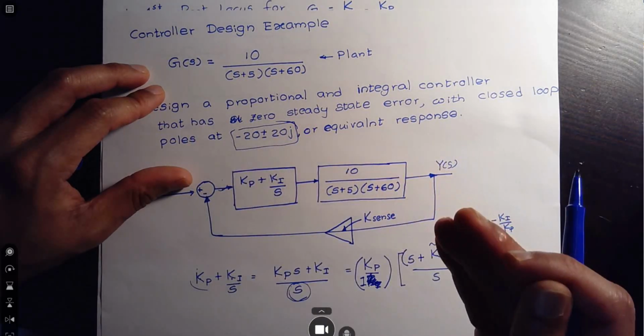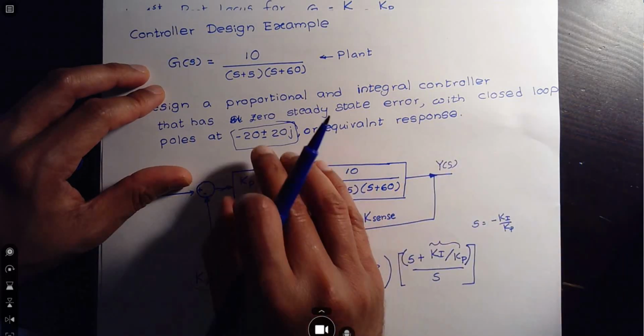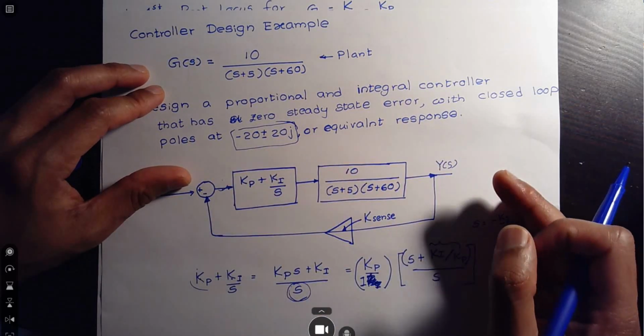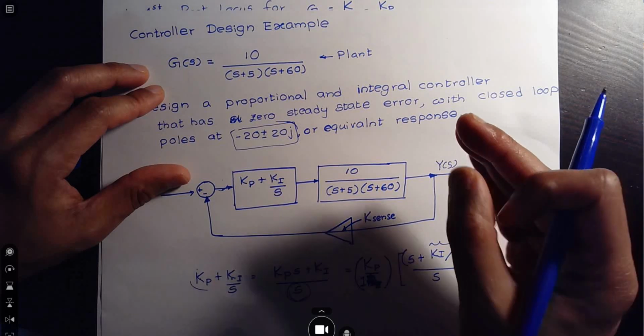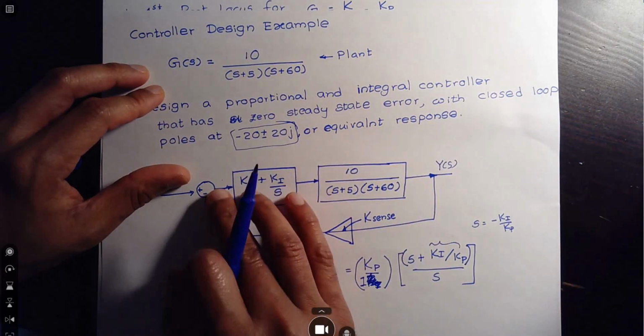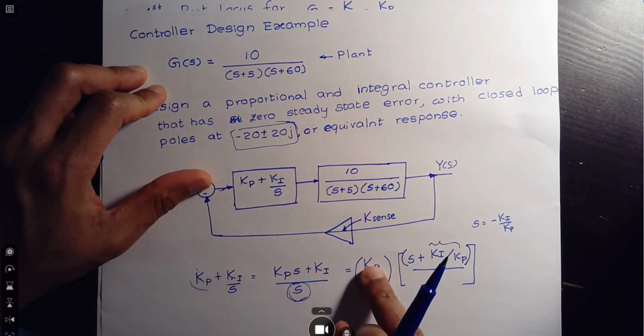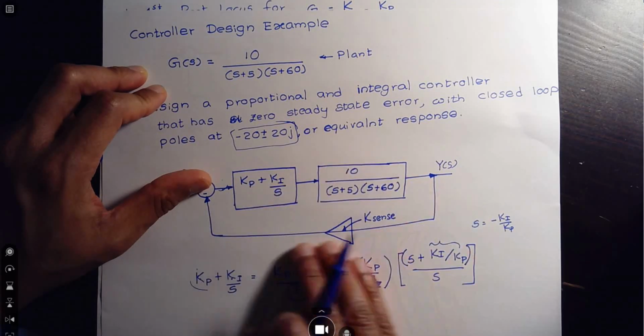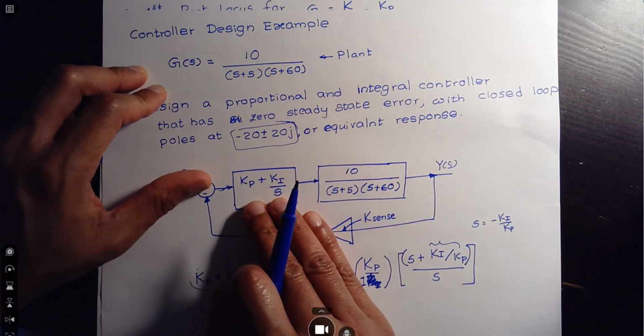Because as soon as these poles are on the root locus, now we can choose the gain k, or in this case kp, so that you achieve those desired characteristics with the feedback loop.